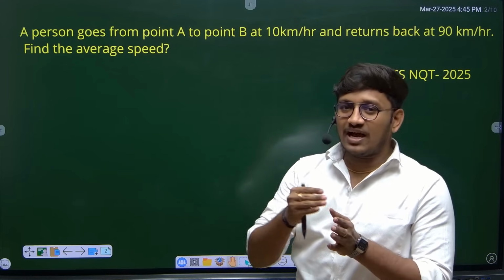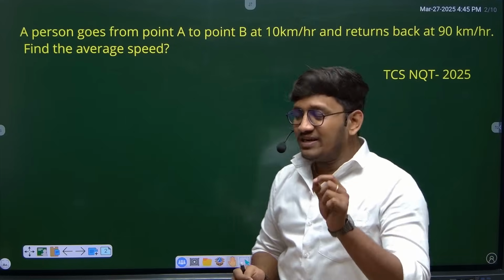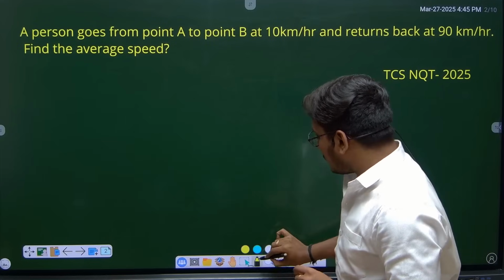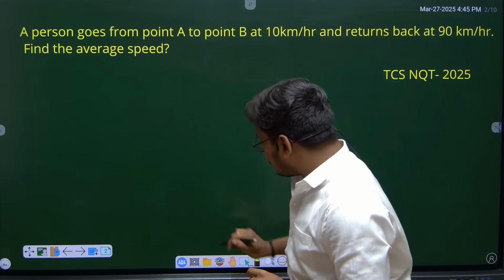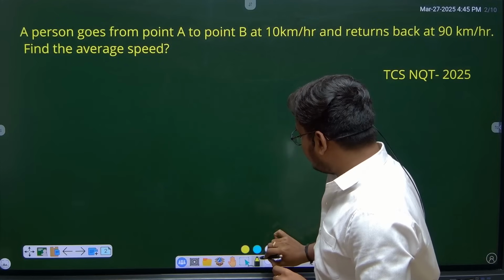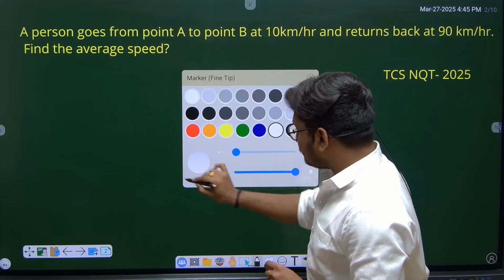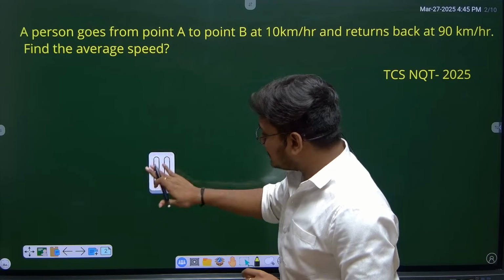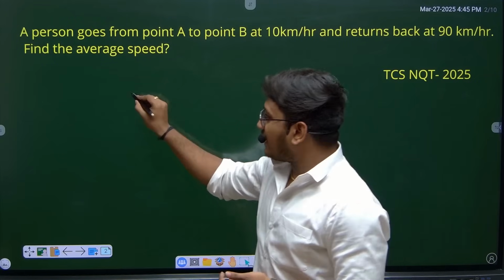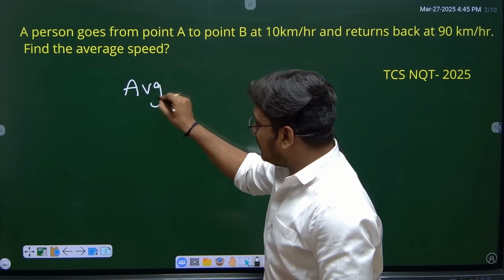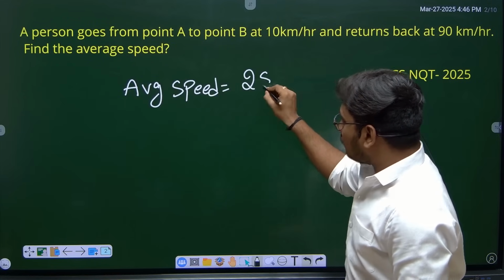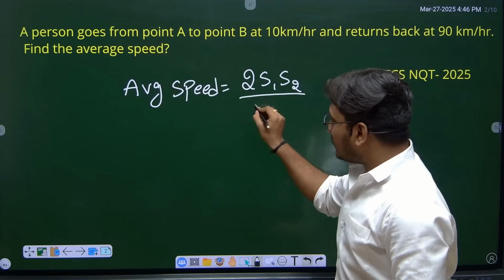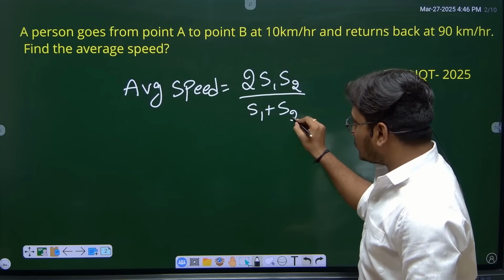Remember carefully, when the distance is constant, how do we find average speed? Average speed is equal to 2 s1 s2 divided by s1 plus s2.